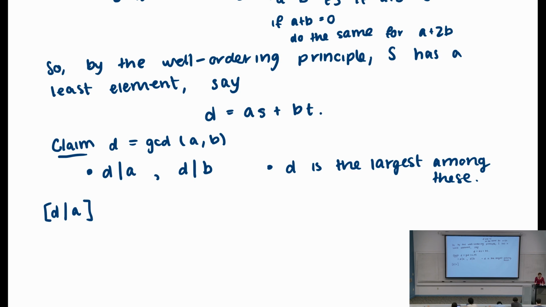And my hint is that you'll have to use the division theorem that we saw earlier. So the hint is to write A as dq plus r. Okay, so I'll give you a few minutes to think about how to prove that D divides A, and then we'll talk about it. And you can discuss with your neighbors as well.